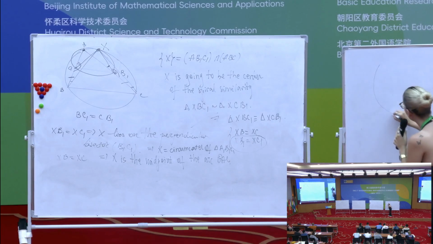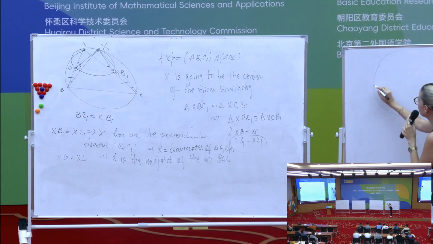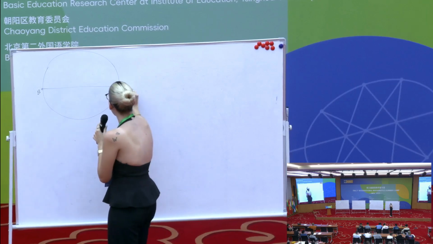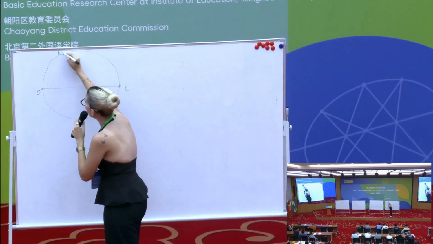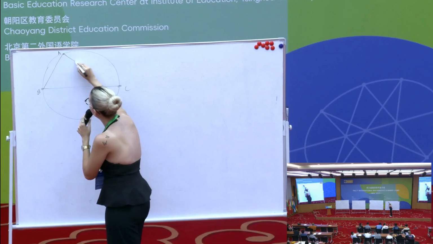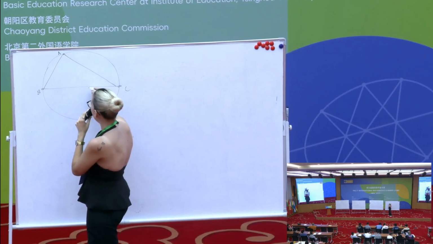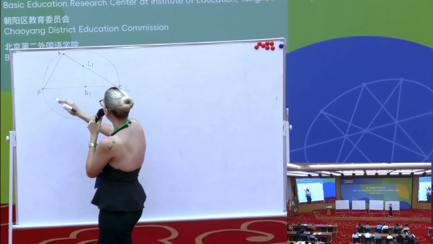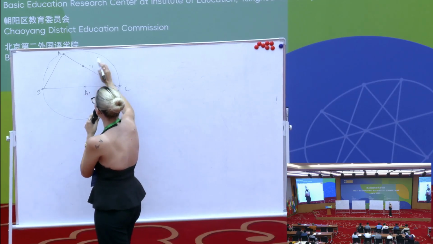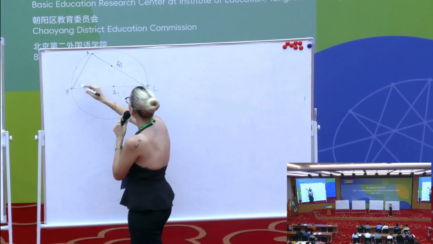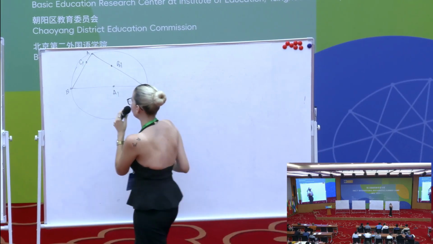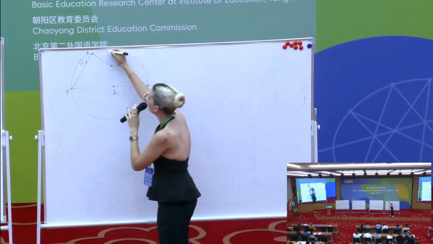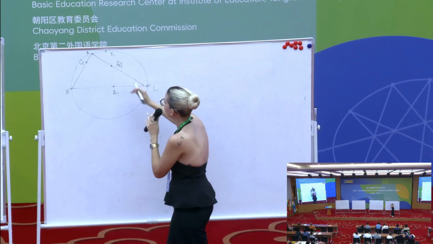So let's make BC the diameter. A is going to be right here. And we're going to have A1, C1, B1 right here, and C1. Okay. And we're going to have the midpoint of the arc, all right?